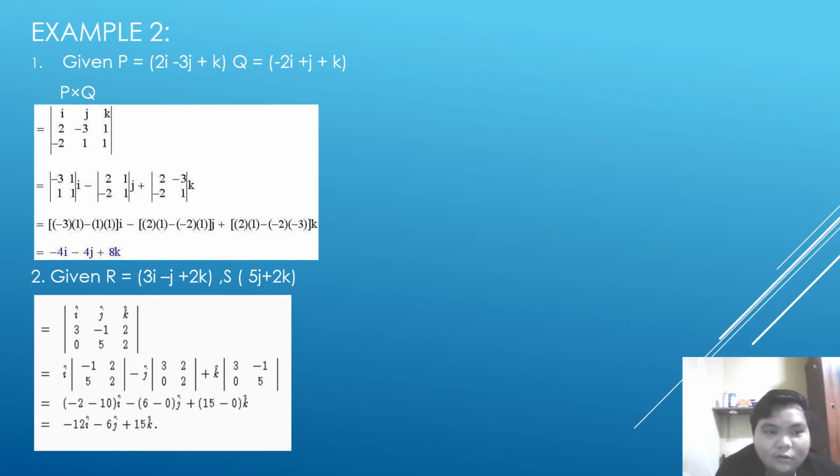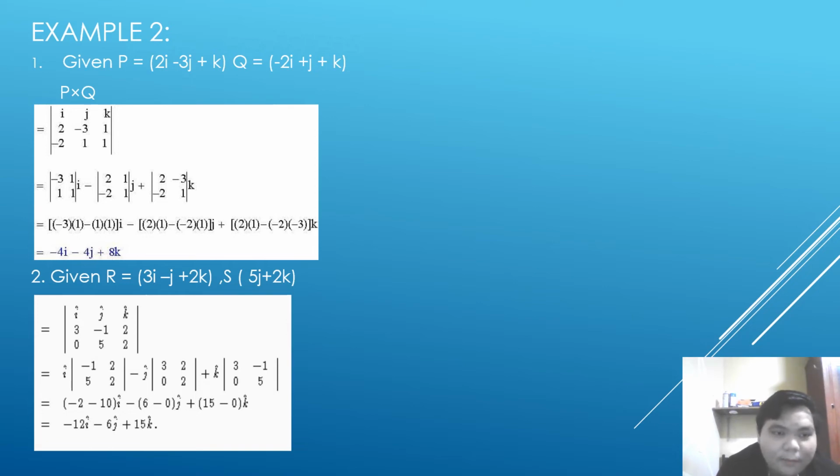Thank you to Irfan. I will continue to the next example. My next example is given P is 2i negative 3j plus k and Q is negative 2i plus j plus k.